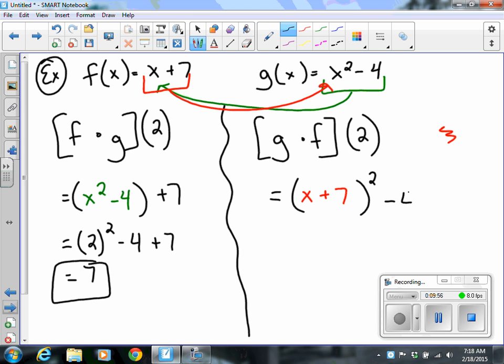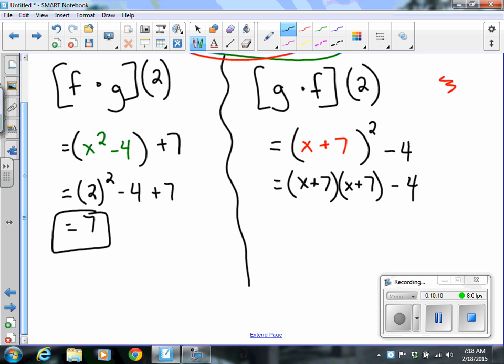Now, I know that we have some trouble with expanding x plus 7 squared, and that's why I gave it to you instead of doing it myself. Remember, x plus 7 squared is x plus 7 twice, so we need to make sure we're distributing. When I distribute, I get x squared plus 7x plus 7x plus 49 minus 4.